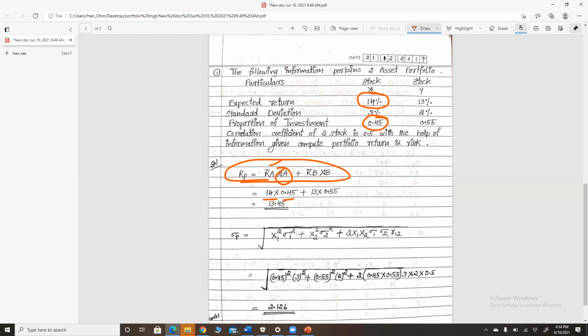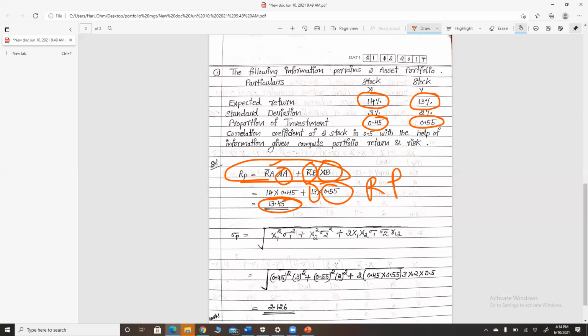Clear? Then plus R bar B, the expected return of stock Y, that is 13. XB is the proportion of stock Y, that is 0.55. So apply the formula: 14 into 0.45 plus 13 into 0.55. The answer is 13.45. That is the return of the portfolio.